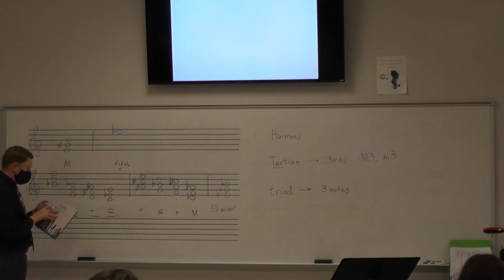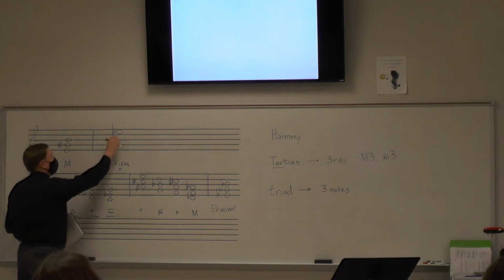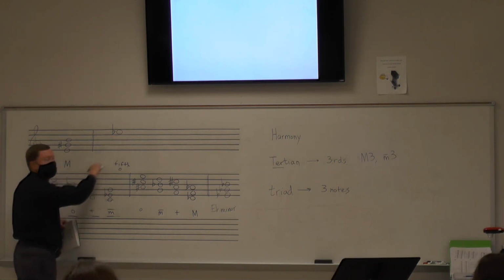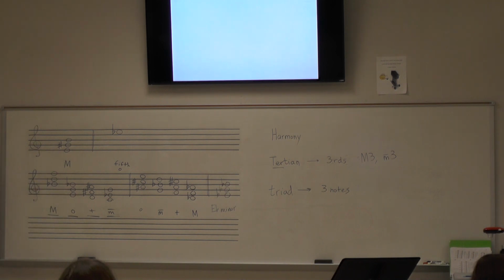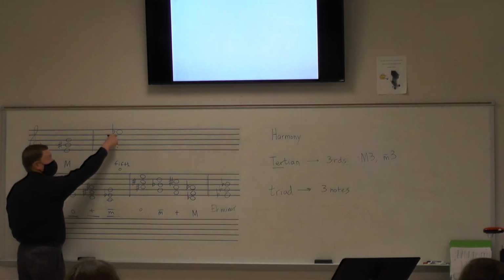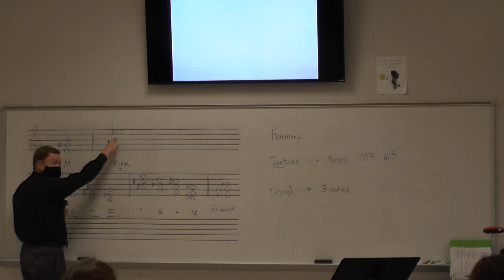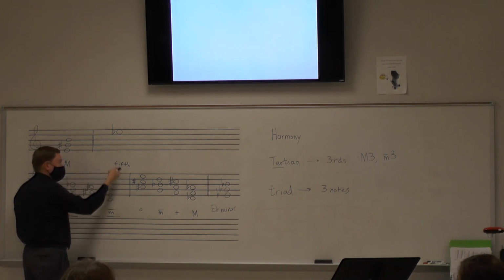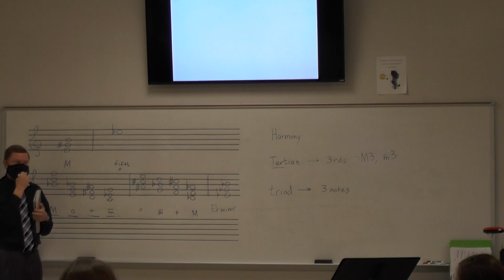What we need to do is supply the third and the root below it. A diminished triad, what type of third is stacked on top of itself? Minor third, okay. So if this is the fifth, if we can find a note a minor third down, and then from that note, another minor third down, we should have our final answer.